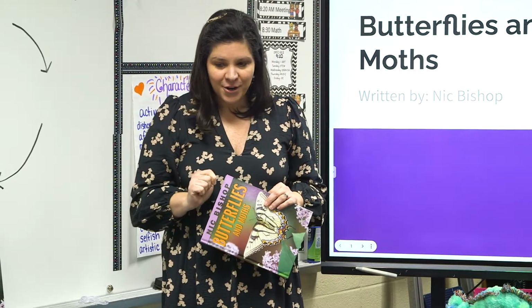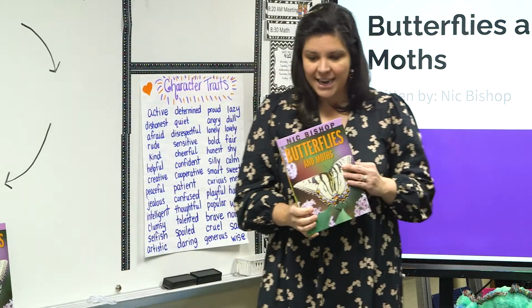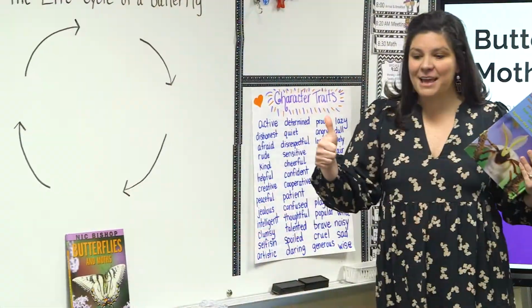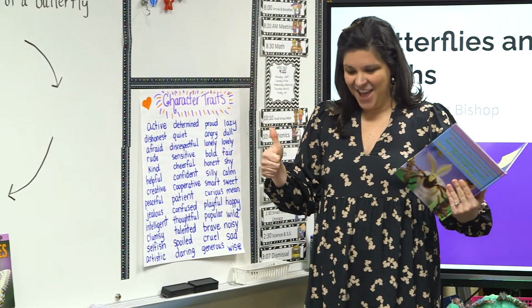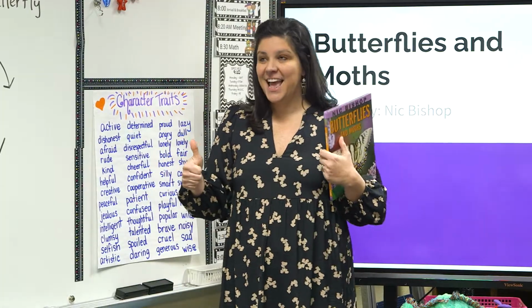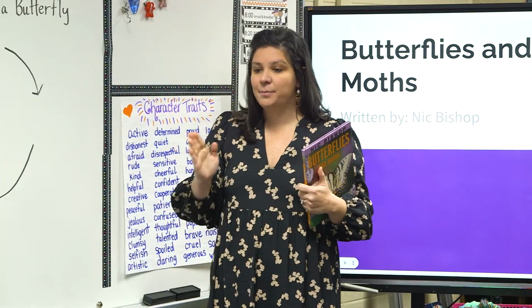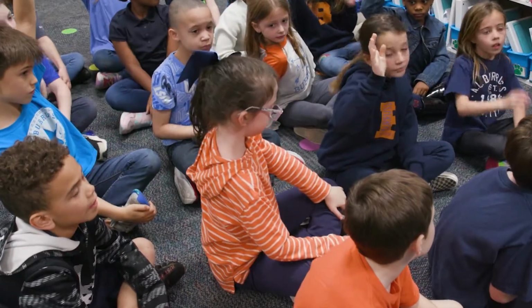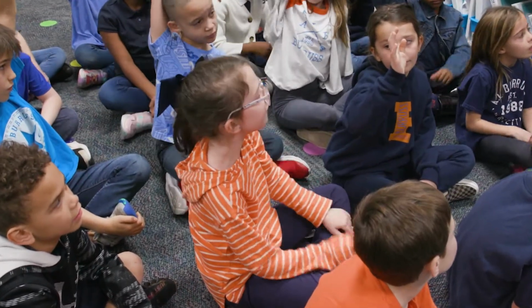Okay, turn to your partner and describe what it looked like and how it moved. All right, come back to me. If you would like to tell me how that caterpillar looked, please raise your hand. I would love to hear you say, the caterpillar looked. Maybe give me a full sentence. Go. The caterpillar looked fuzzy.